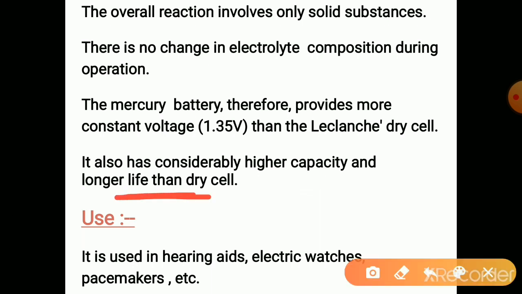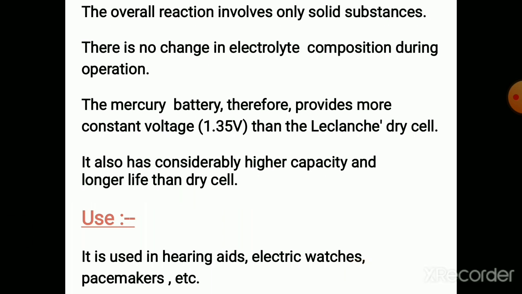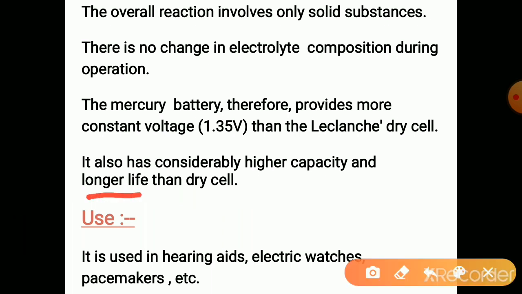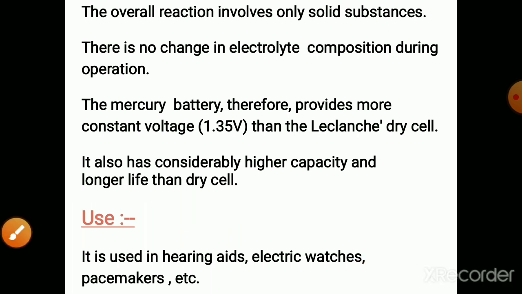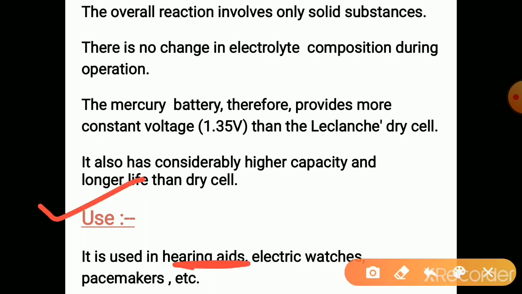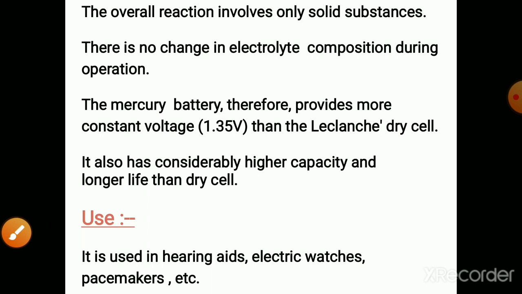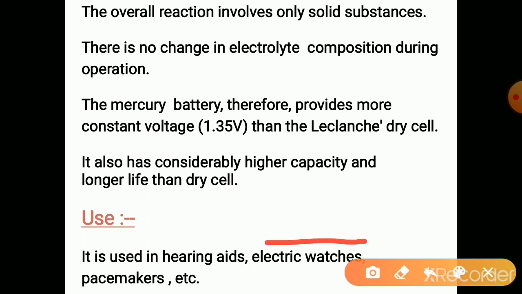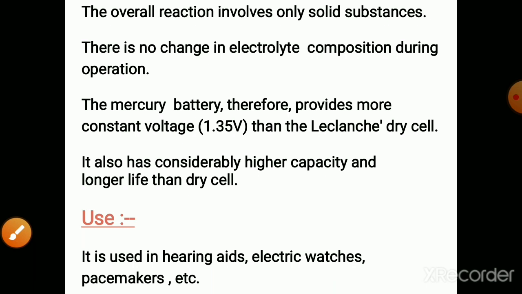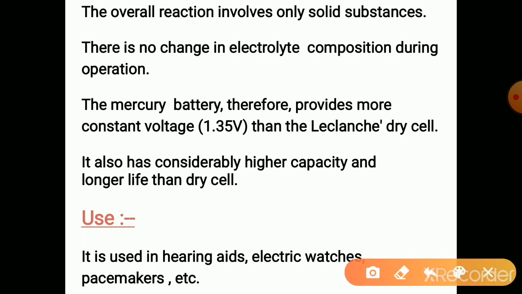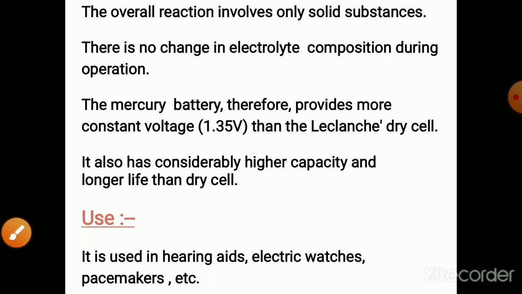It goes through many cycles of discharge and recharge, so it has more longevity than the dry cell. It is used in hearing aids, electric watches and pacemakers.